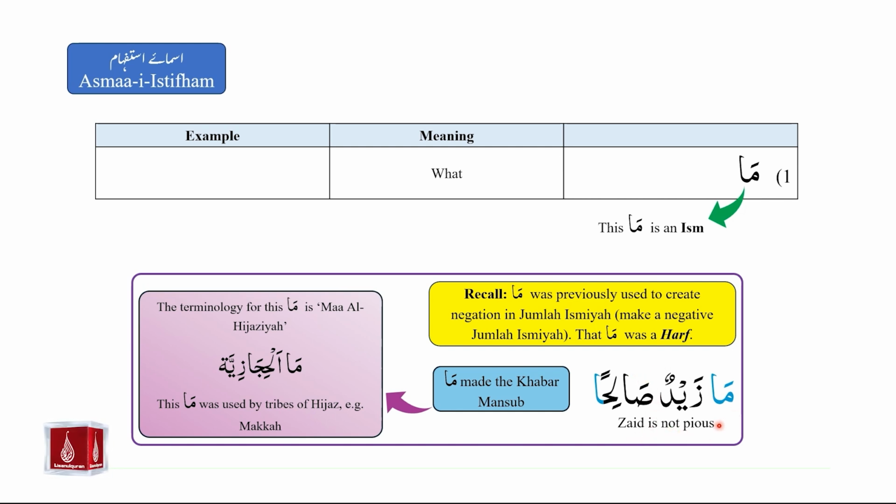So ma al-Hijaziyah was used to create negation in Jumla Ismiya. Ma al-Hijaziyah was a harf, and it also made the khabar mansoob. This ma is different from ma al-Hijaziyah. This is an example of an ism istifham, and this ma is an ism, it is not a harf, and the meaning of this ma is what.